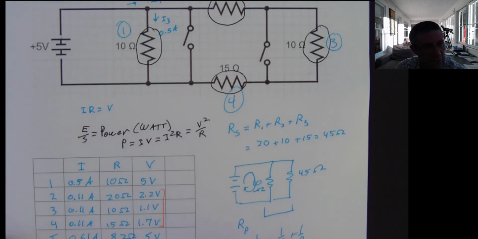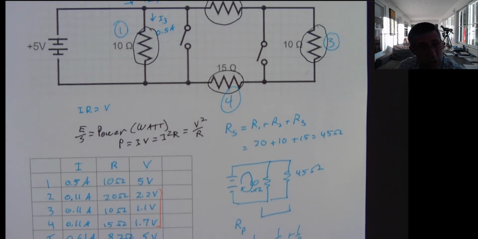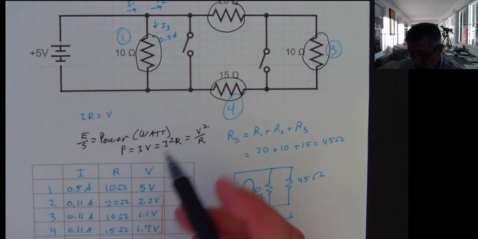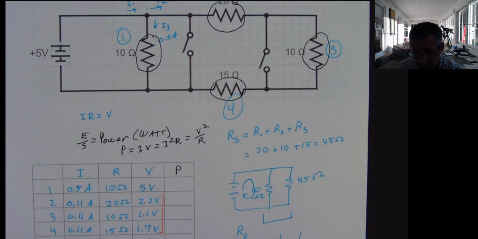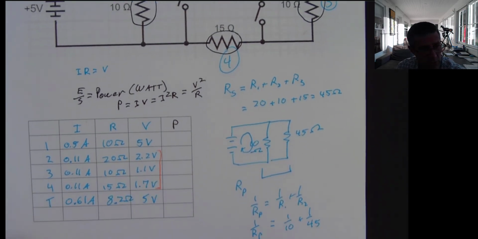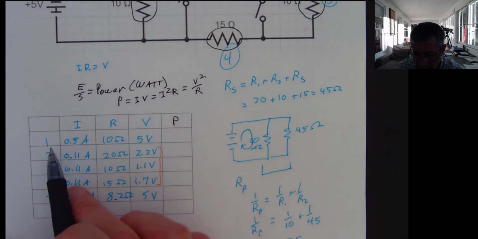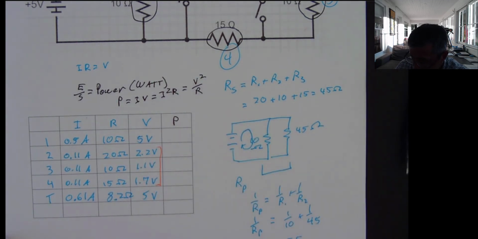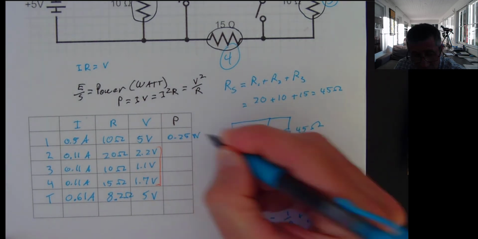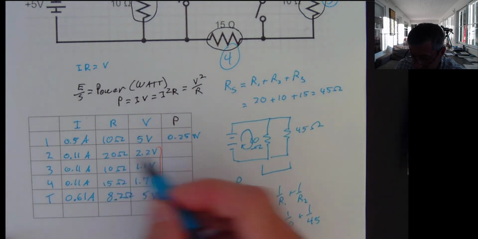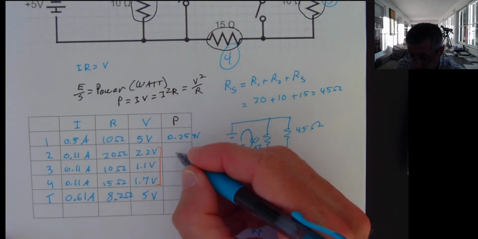In this case, I've done all sorts of calculations. So if I want to figure out which one is the brightest, the question is how much power is being produced. And for this, I'm just going to use IV, so I'm going to multiply current times voltage. And when I do that, in my table, I'm going to have 0.25 watts of power being produced in this first resistor light bulb.